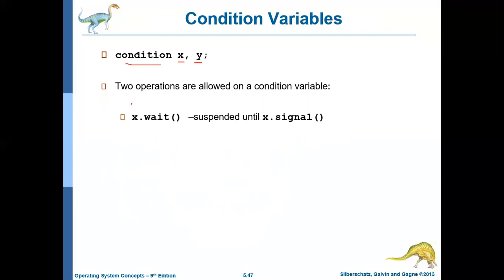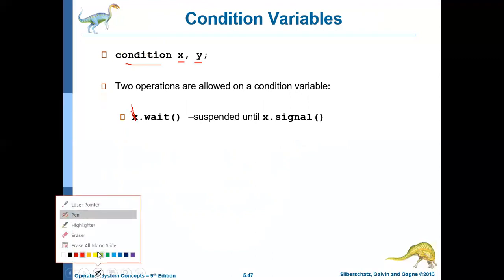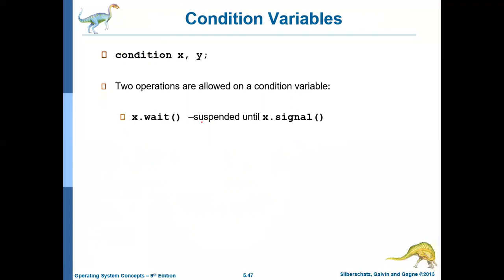If the programmer calls wait, what will happen? If a process, say Pi, calls x.wait, it means Pi is using the shared variable x.